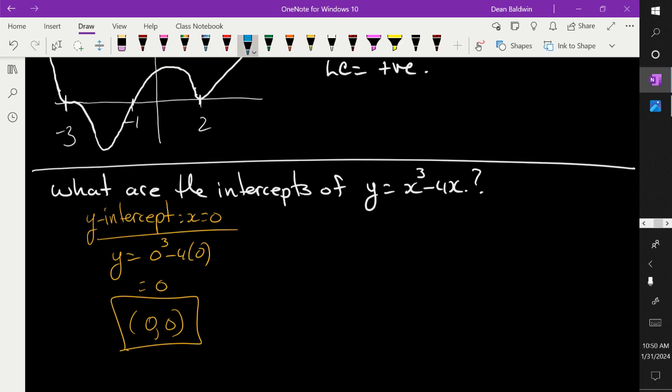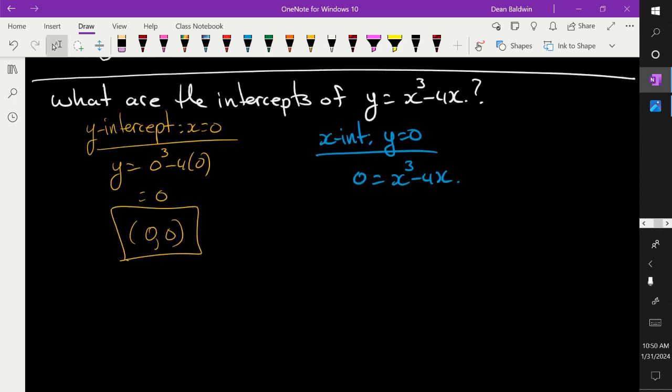X-intercept. You make y equal to 0, and then you solve it. How do you solve this? Pull out an x.